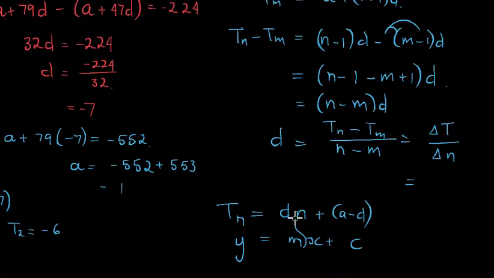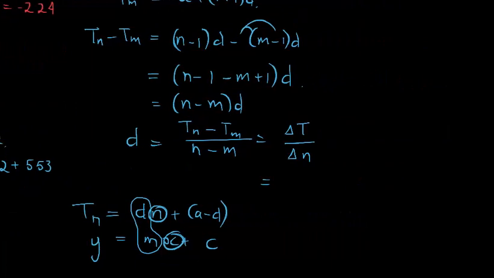So what is this? D is the gradient. How do we calculate gradient? Change in y divided by change in x, and in this case n represents x. So this is an easy thing you can use.